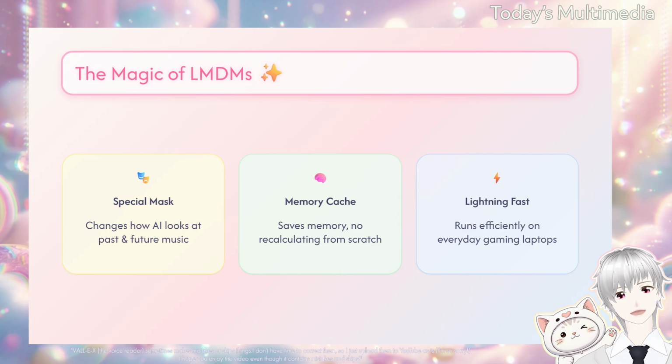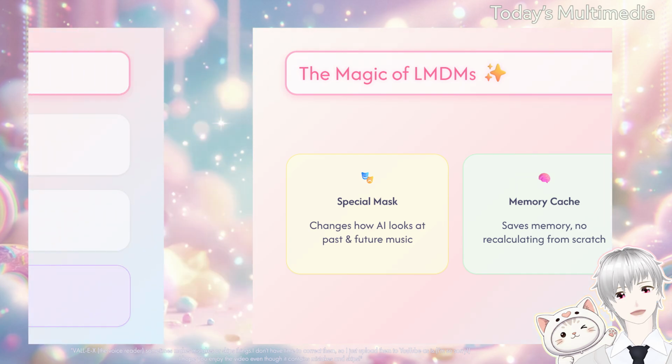They allow the model to cache, or temporarily save, its memory. It makes the whole process incredibly fast, recovering the efficiency of those giant models for running on your everyday gaming laptop.